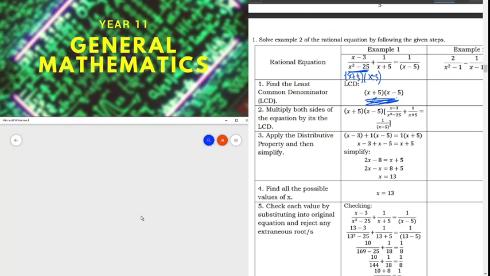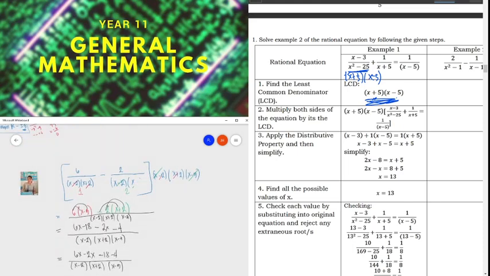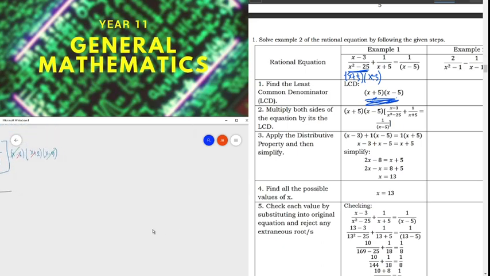Next, multiply both sides, the same thing that what we did here. I'm going to multiply both sides. Let me just simplify it here. So we have here x plus 5, that is our LCD, and x minus 5 multiplied to our equation here.